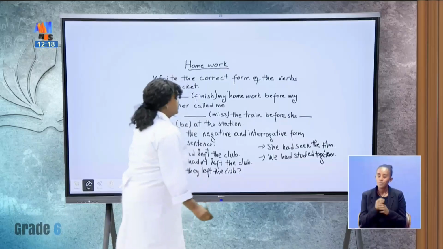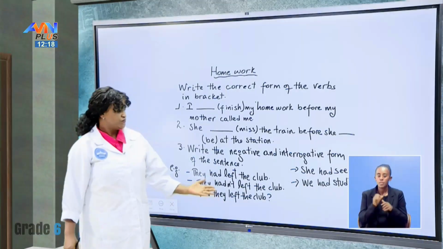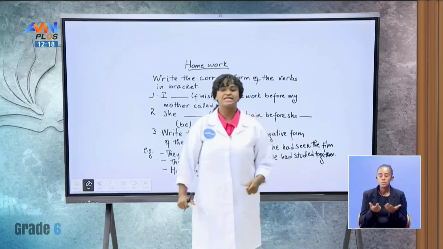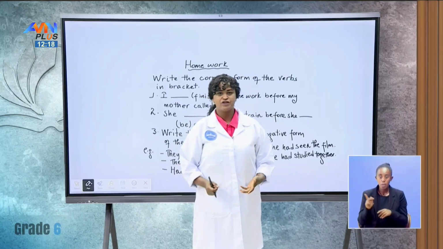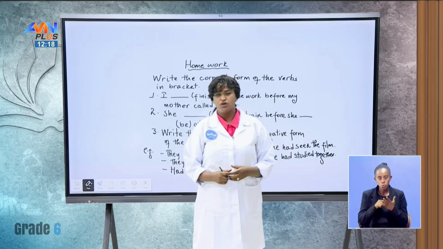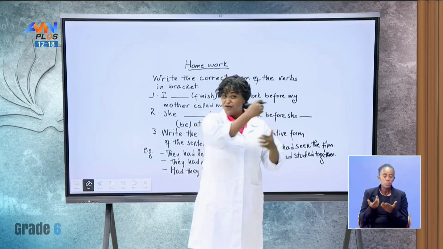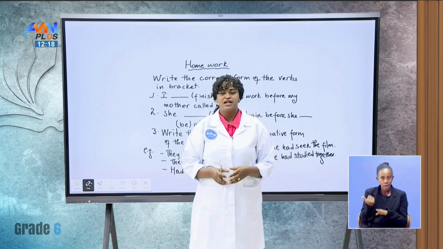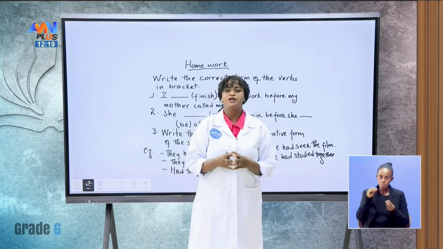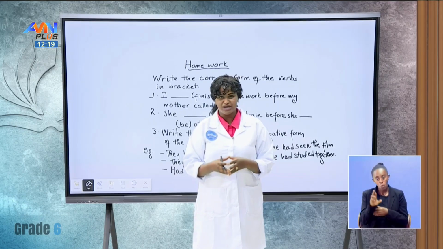All right. So this is all about today's lesson. That is past perfect. Past perfect can help us to show a remote past or a past which happens before another past, all right? And then the form of past perfect is had plus verb 3, very good, or past participle.